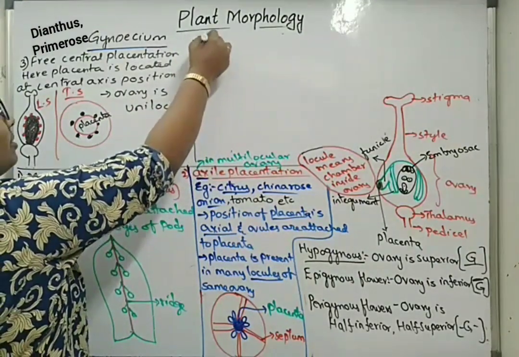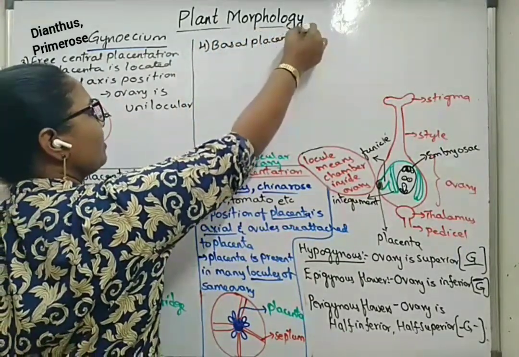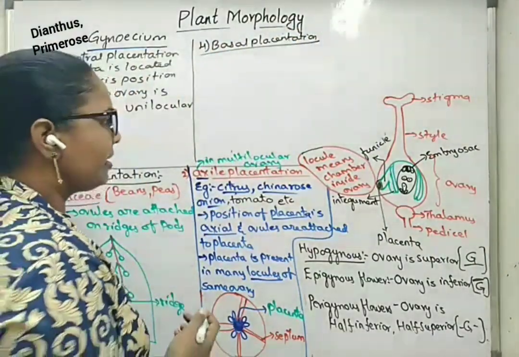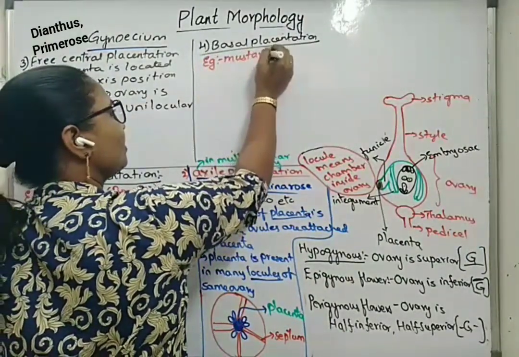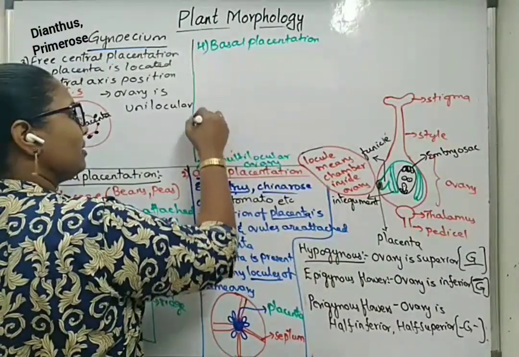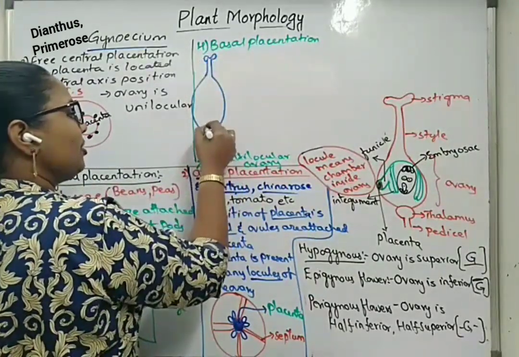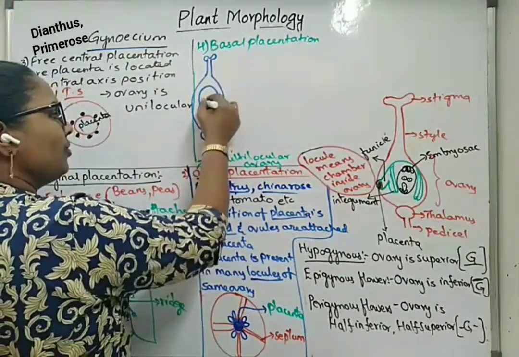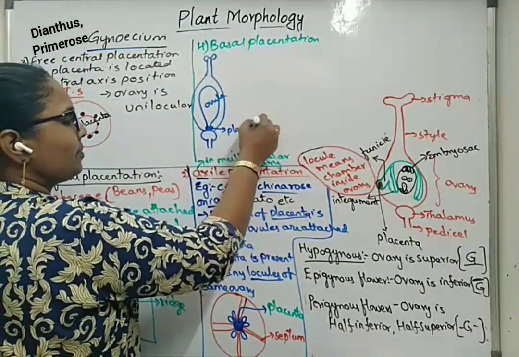Next one, basal placentation. In case of basal placentation, we'll see some different terms also. Example, mustard, cucumber. This is thalamus. This is ovary. Position of placenta is at the base part of the ovary and it gives rise to one single ovule. One single ovule. And this is position of placenta.